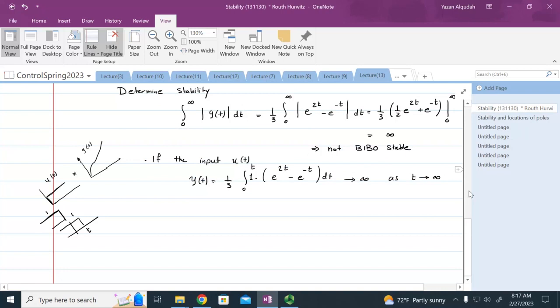If I look at this example, this real part is positive, therefore it goes to infinity. This one is going to decay, it's going to go to 0.